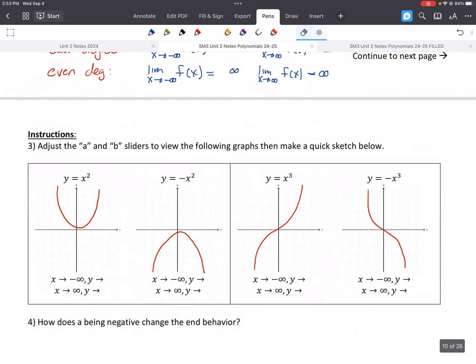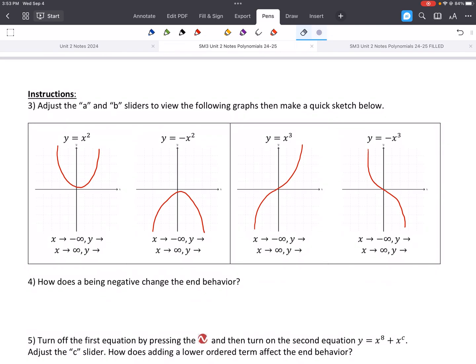And then if you go back to that Desmos thing, you can change the leading term versus positive or negative. So the thing that changes here is it changes all of the signs. If it was an even degree, which goes up and up, or infinity and infinity, when a is negative, then it's going to make it go down and down, or negative infinity and negative infinity.